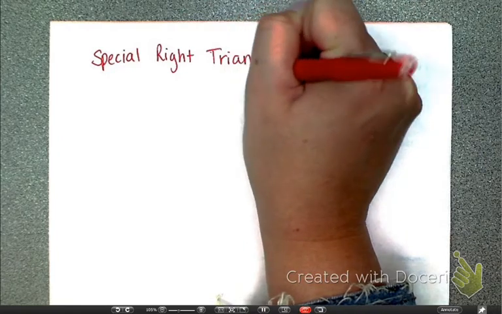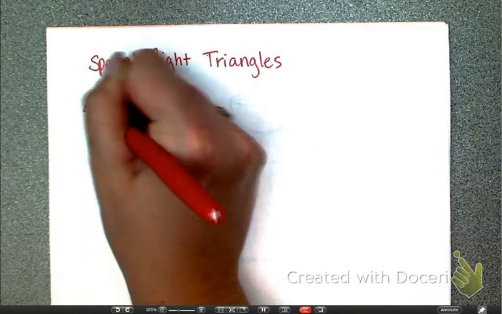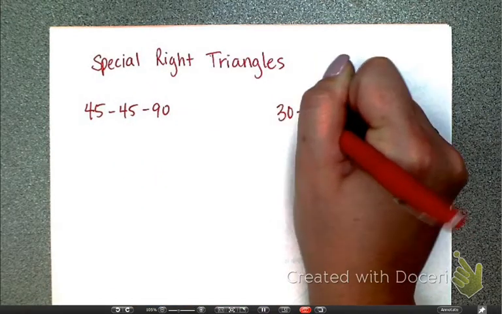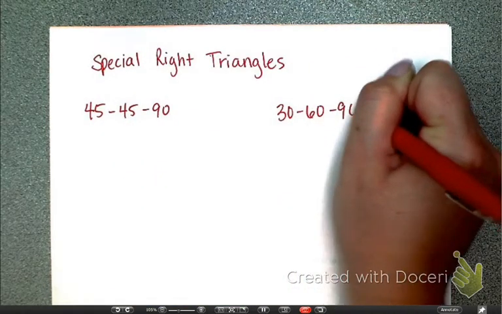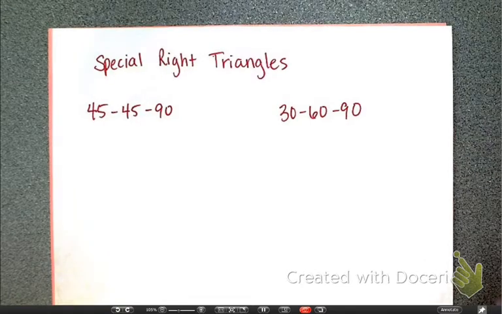And there are two types of special right triangles. There are 45, 45, 90s and 30, 60, 90s. Both triangles have a 90-degree angle, but you have other angles that are different. Now, here's when you have to use these.